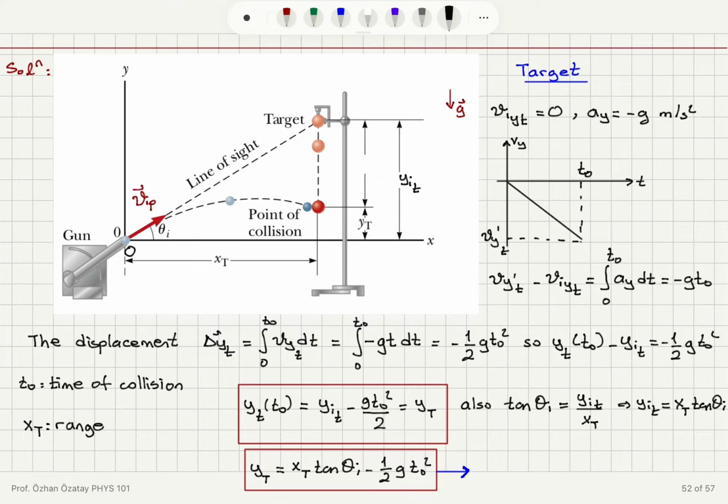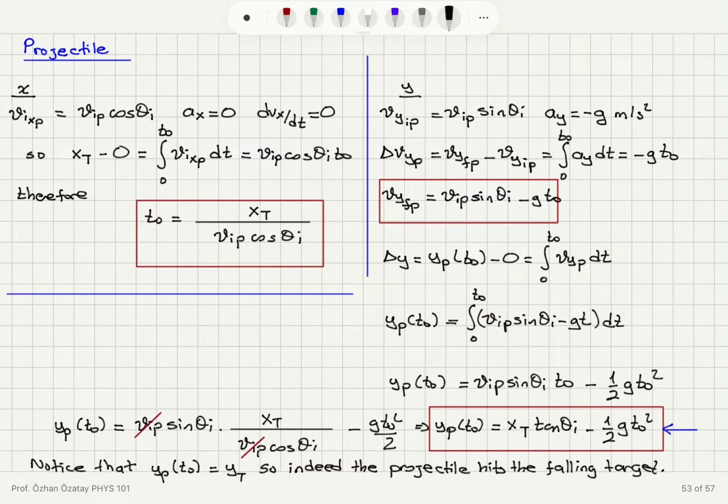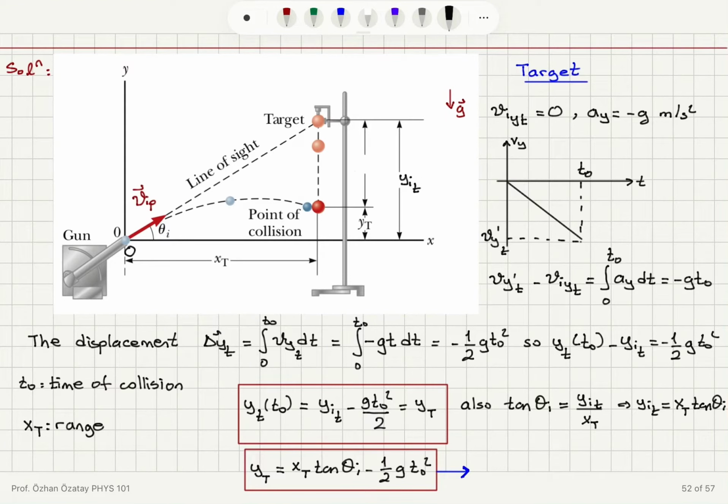And then from the geometry we can see that tangent theta initial will be equal to yit, the initial position of the target, divided by xt, the range of the projectile. So you can see that the final position of the target is xt tangent theta initial minus 1/2 g t0 squared.